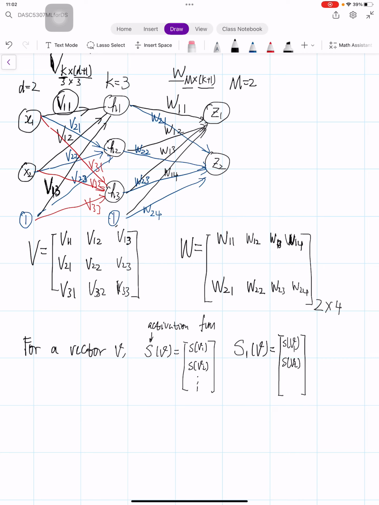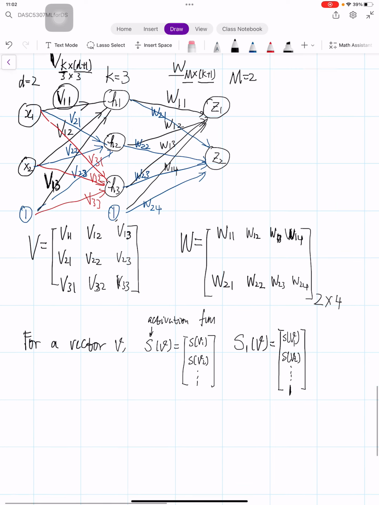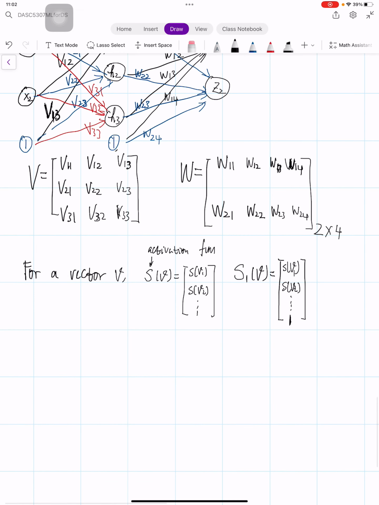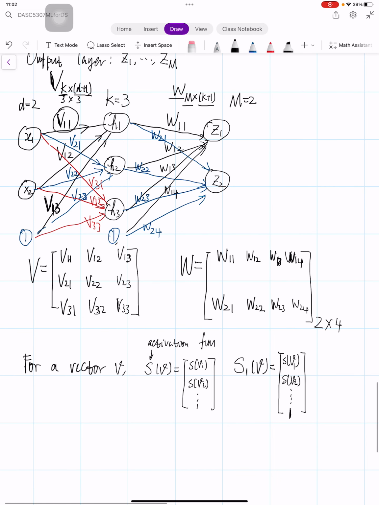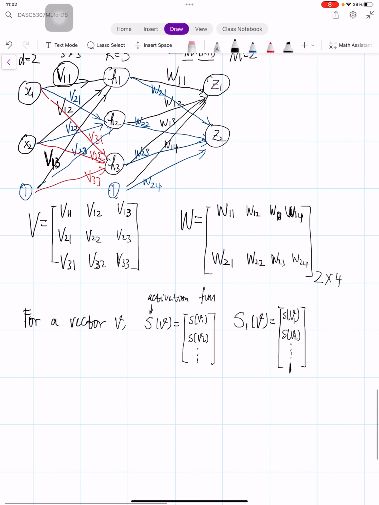Okay, and we also treat the last one differently. We just leave the last one equal to the constant one. In other words, if we denote H to be the hidden layer vector, so H equals H1, H2, H3, and 1.